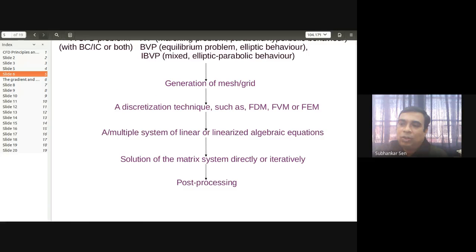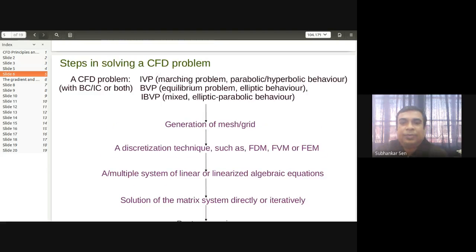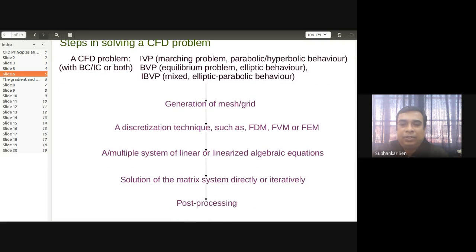By solver, we mean how we generate this Ax = b from the differential equation. This step is known as the CFD solver. So the CFD solver is different from the matrix equation solver. Here also we use the word solver, but that is a different thing.